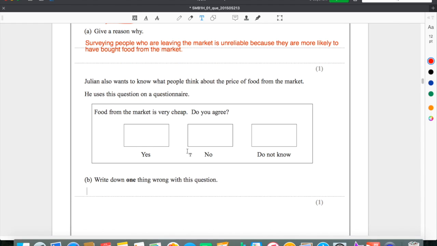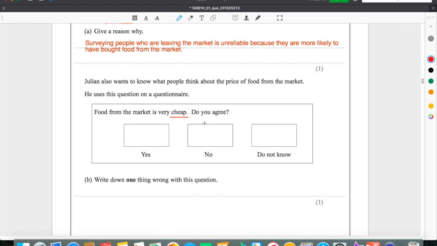So the first thing to do here would be to look at the answer boxes. And clearly this is exhaustive. Yes, no, or do not know. So this is absolutely fine as our answer boxes. However, with the question, the problem lies with the wording. Okay?